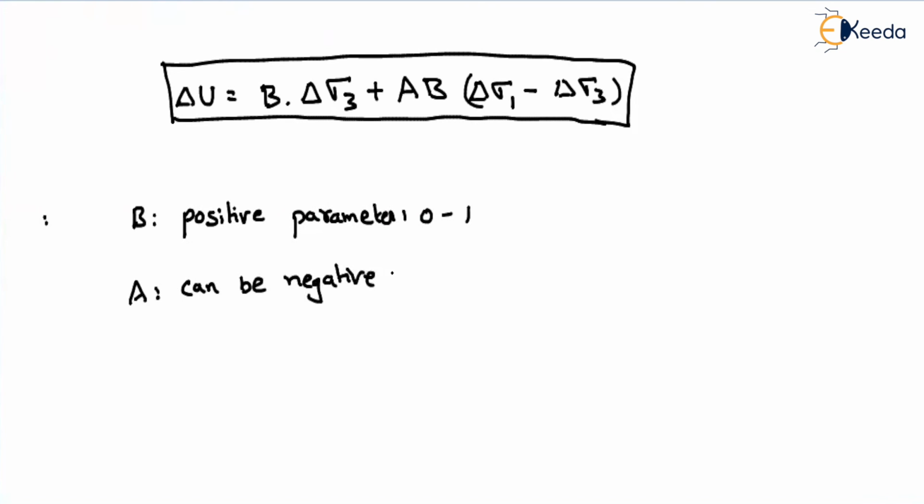For fully saturated soil, B will be equal to 1. For completely dry soil, the B value will be equal to 0. So by knowing the change in vertical and lateral pressure, we can estimate the change in pore pressure by using these Skempton's parameters.